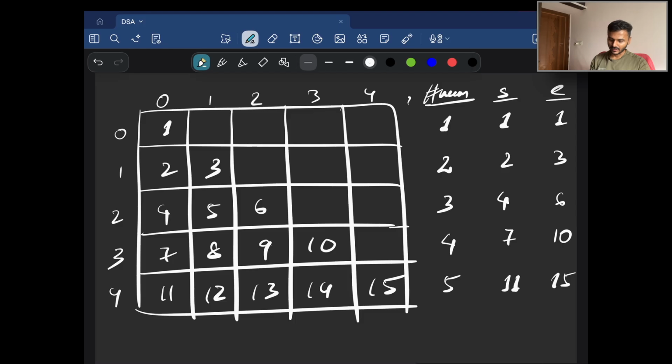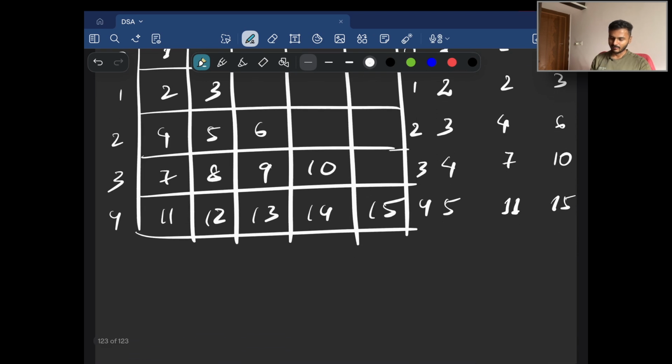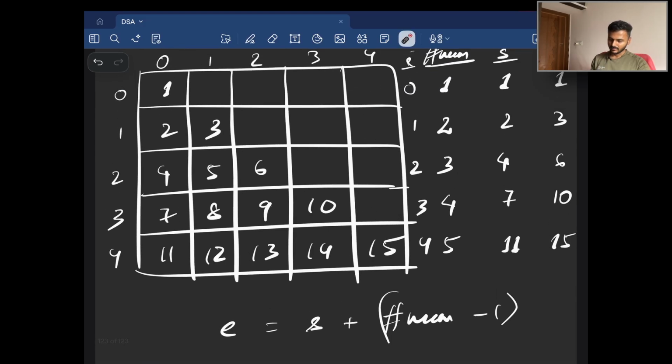And here, if we also take the values of i into consideration, it will be 0, 1, 2, 3, and 4, right? So what can we write about the end value? The end value will be equal to the start value plus the number of numbers that we have to print minus 1, right? So what I mean is, if I take the start value as 7 and the number of numbers that I'm supposed to print as 4, it will be 7 plus 4 minus 1, which is equal to 10, right? Which is what the end value is, right?